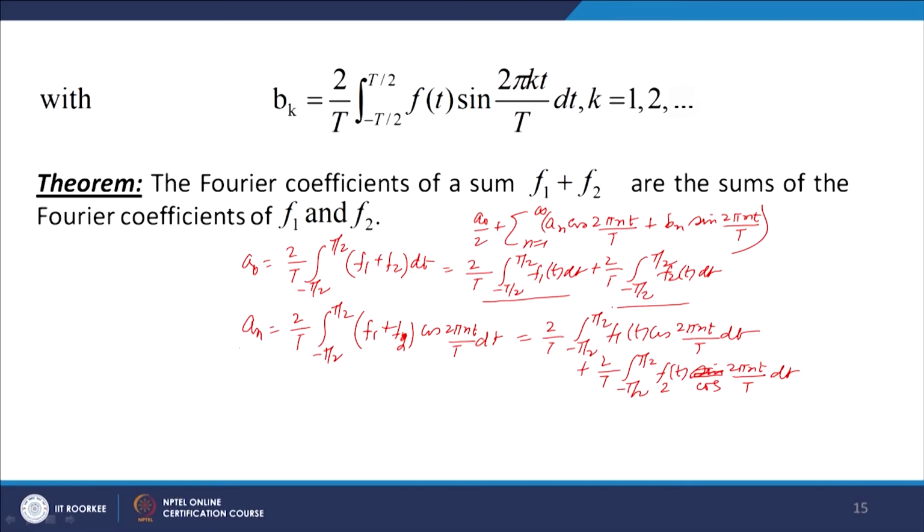So, a n is given by the sum of the Fourier coefficients of the cosine terms for f 1(t) and f 2(t). Similarly, we can show for b n's. The b n's are also sums of the corresponding Fourier coefficients of the sine terms in f 1 and f 2.